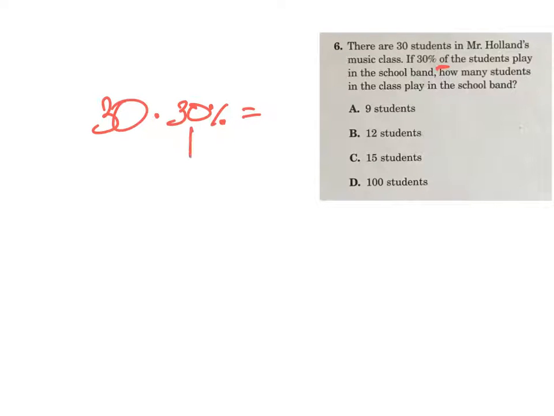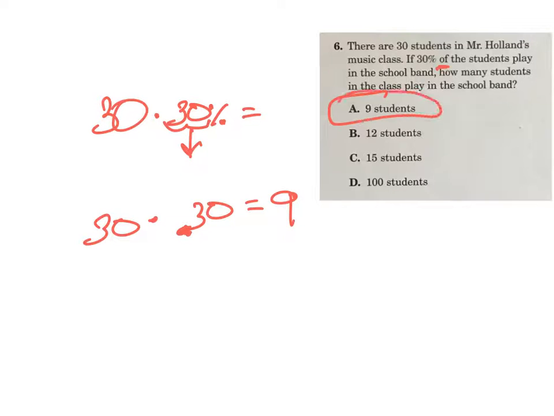Now, hopefully you remember how to convert 30% to a decimal. You take this and go over 2. So it's 30 times 0.30. And that will get me how many students? So 30 times 0.30 equals 9 students. And that is A. That's 30%.